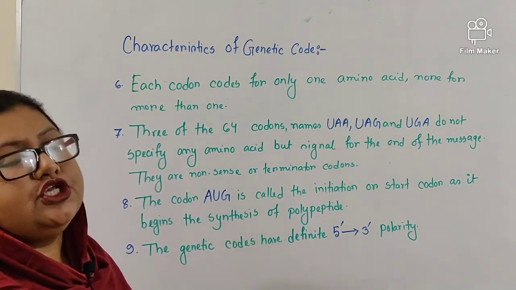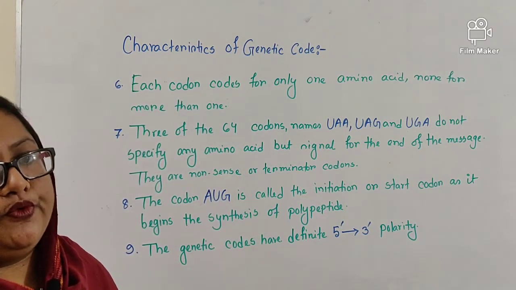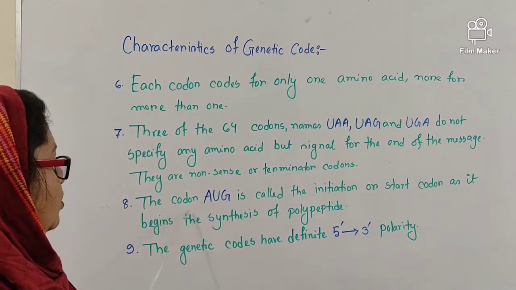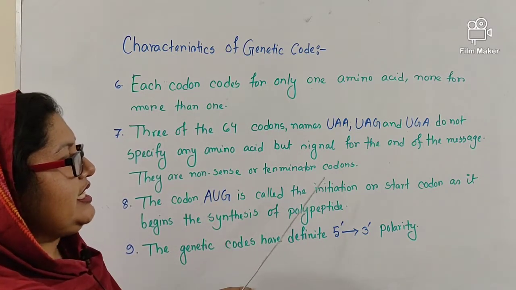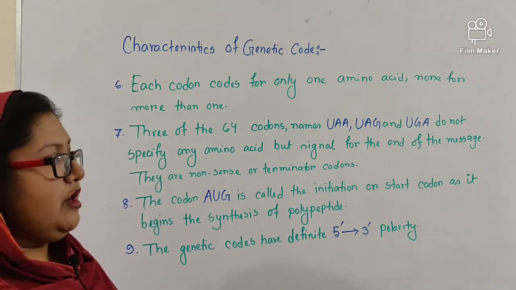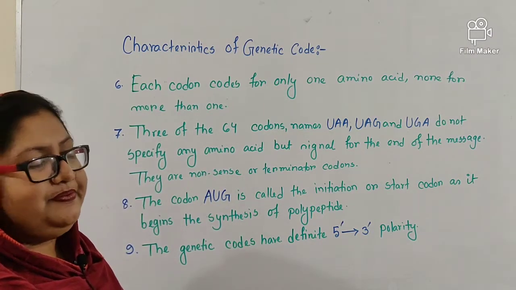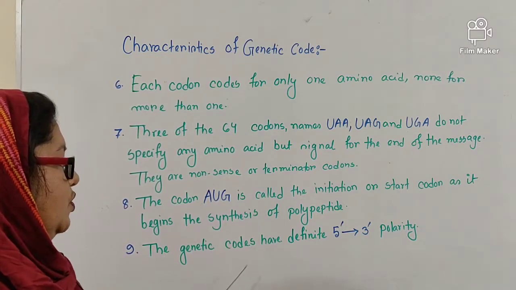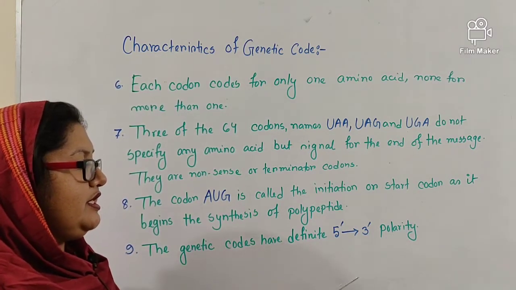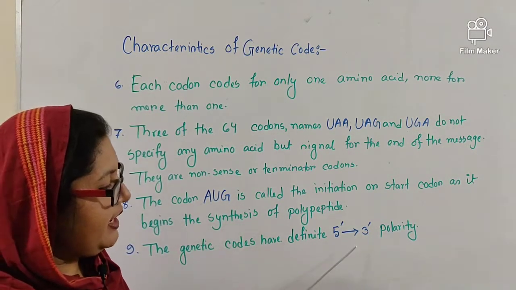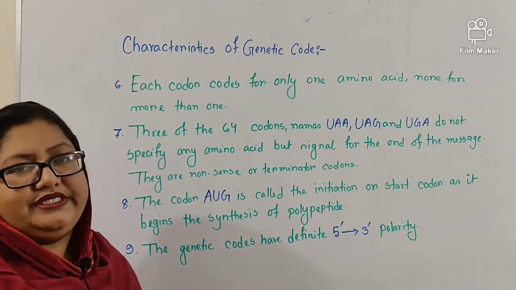These are known as nonsense or stop codons. The codon AUG is called the initiation or start codon as it begins the synthesis of polypeptide. The genetic code has a definite 5' to 3' polarity.